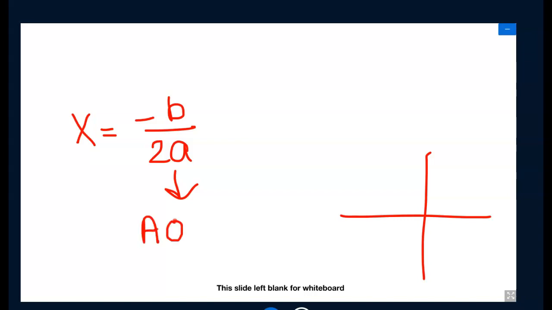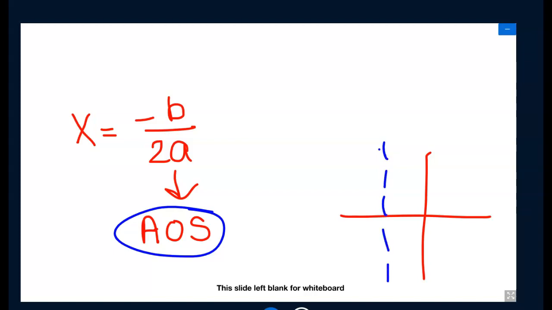Does AOS mean axis of symmetry? Negative b over 2a represents the axis of symmetry. It represents the part of the quadratic where it is cut in half.